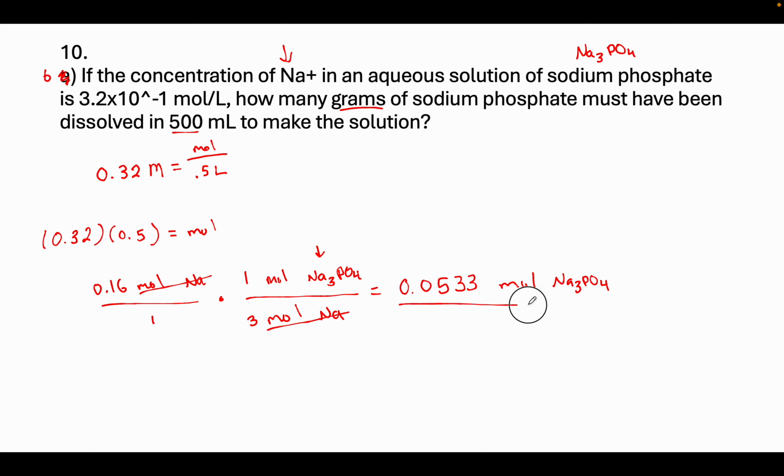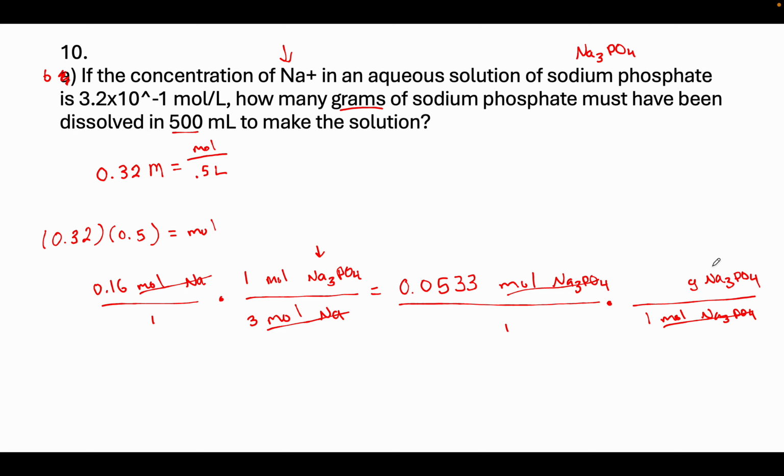Perfect. But now we need grams. So, moles of sodium phosphate times, well, I want grams of sodium phosphate. And then I want to cancel the mole of sodium phosphate. Okay, so there we go. We'll end up canceling these out, but I have to figure out the molar mass of Na3PO4.